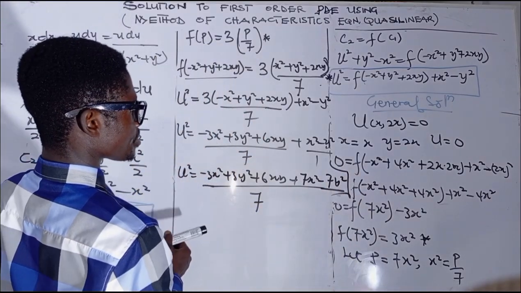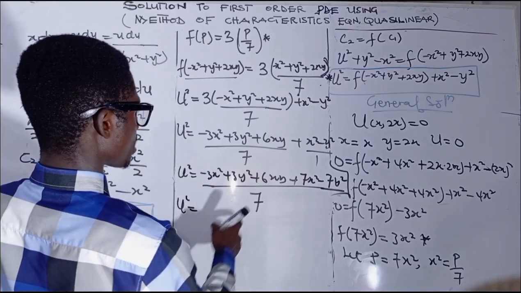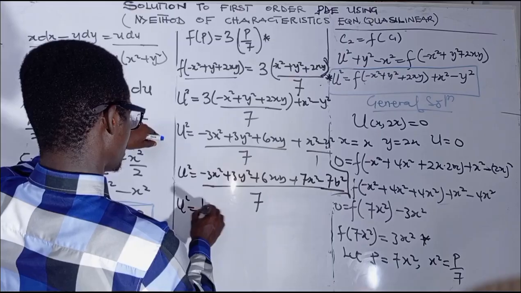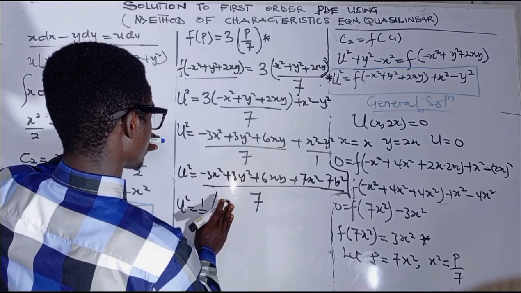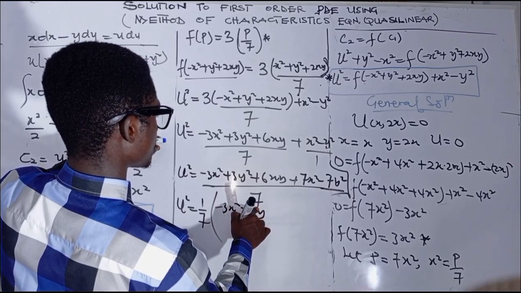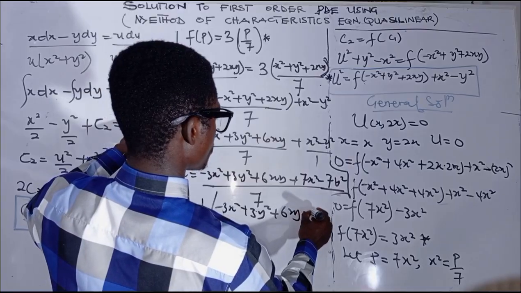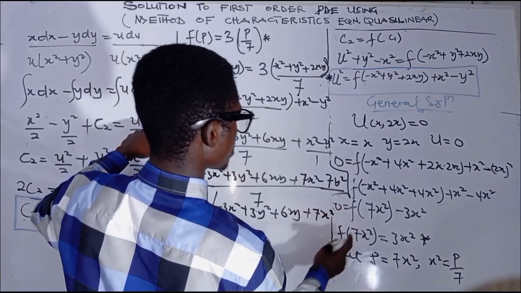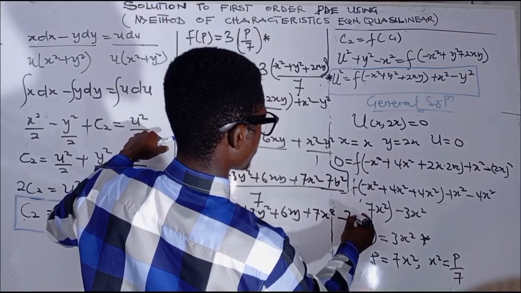So from this, we have u squared is equal to, we can bring 1 over 7 out, so that we are left with minus 3x squared plus 3y squared plus 6xy plus 7x squared minus 7y squared.